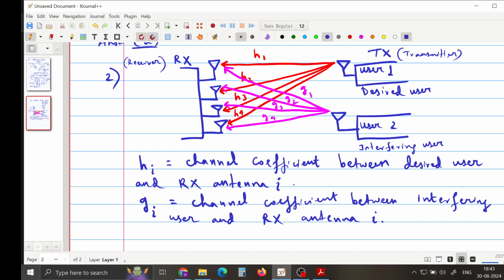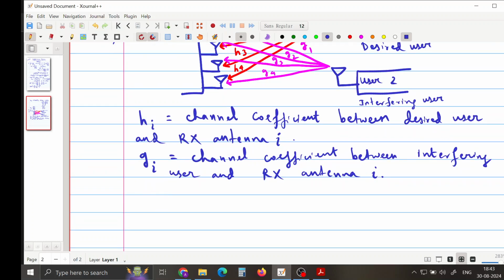Now once you have these channel coefficients, you can form a vector by choosing the elements of the vector as these coefficients. So the channel vector H bar, which is given in our question, is nothing but H1, H2, H3 and H4. This is the desired user channel vector, right?